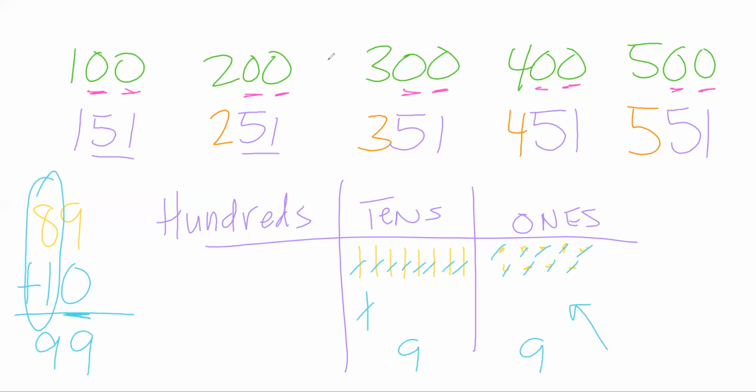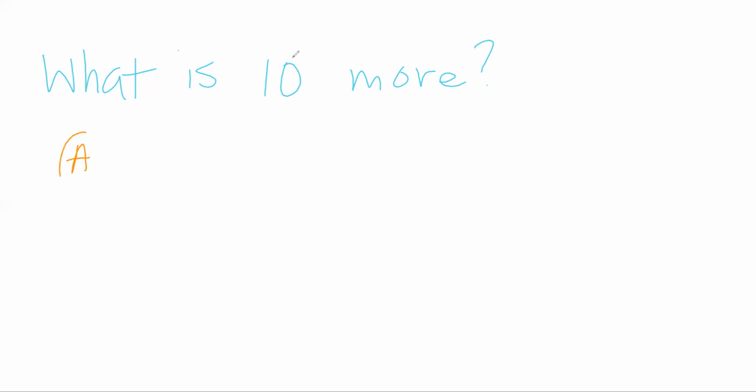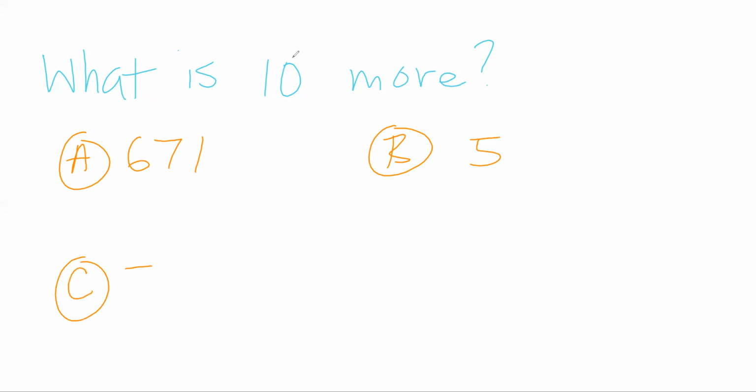So we put this to practice, right? Questions often would ask, what is 10 more? And then there'd be a series of problems. So let's say 671, let's say 5. We'll get tricky with that one. Let's say 56, let's say 28, right?